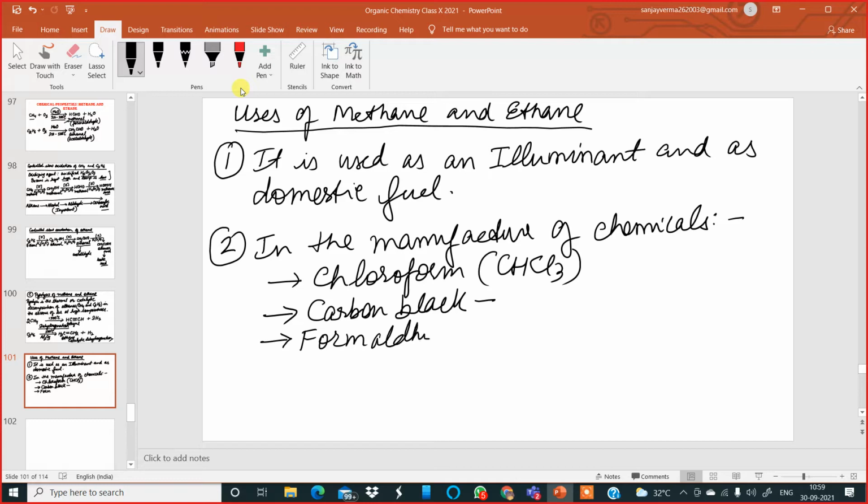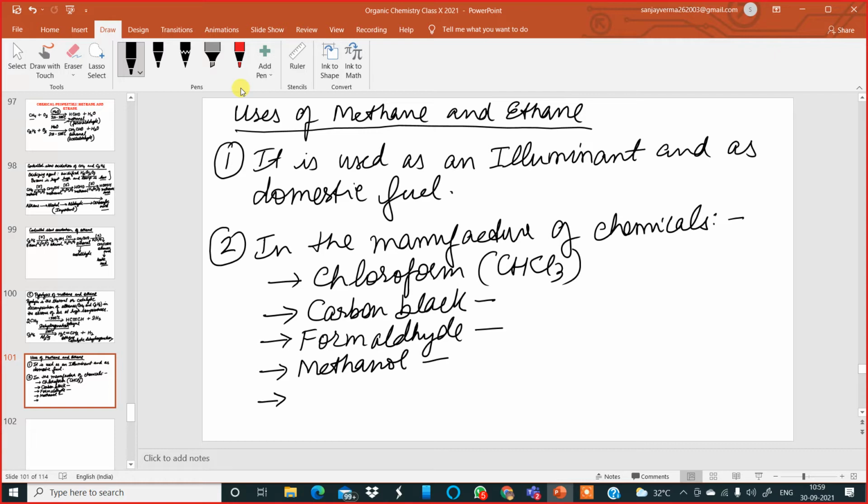Now formaldehyde is used as an antiseptic preservative for biological specimens. It is used in the manufacture of methanol also. Methanol is a solvent for varnishes. It is used as an antifreeze in automobiles.